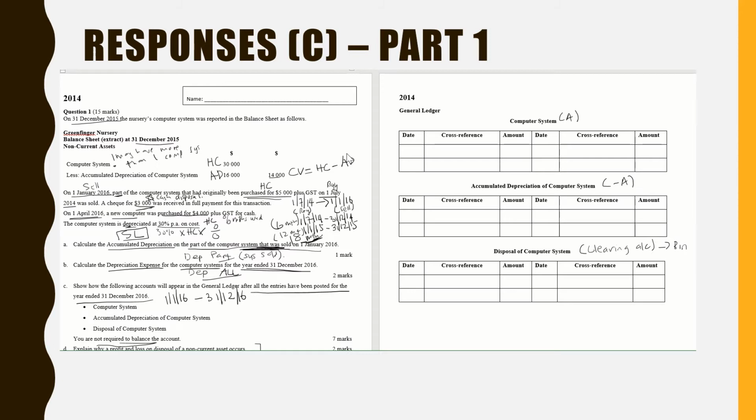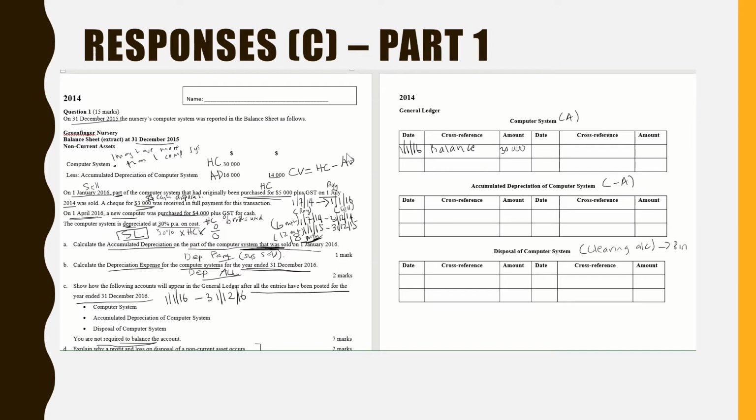Okay, so computer system asset account, we are required to show how it looks if all entries have been posted. So everything that's given to us, which means we also need to include the opening balance of the computer systems that we had at the start. So on the 1st of January 2016, that is our opening balance. Now some of you might be wondering, oh hang on miss, that says 31st of December 2015.